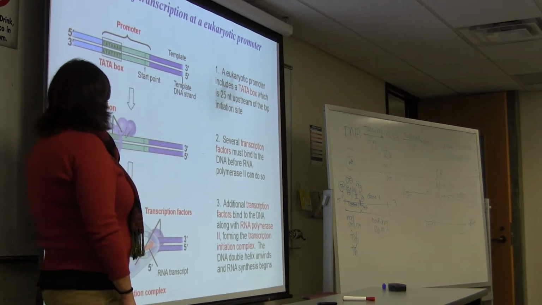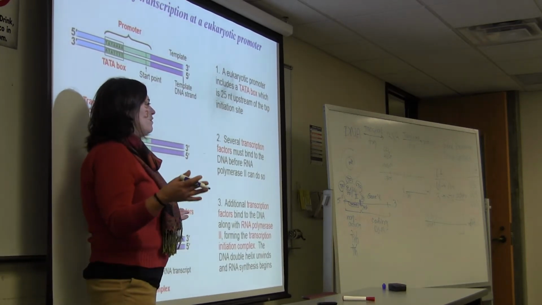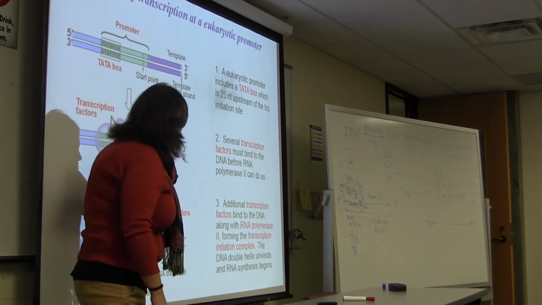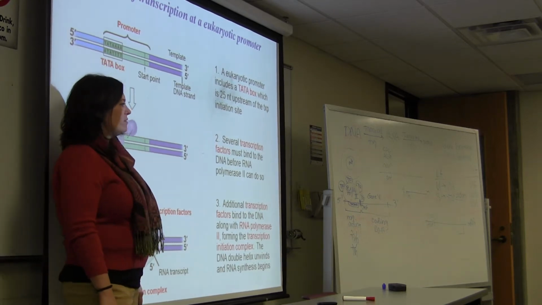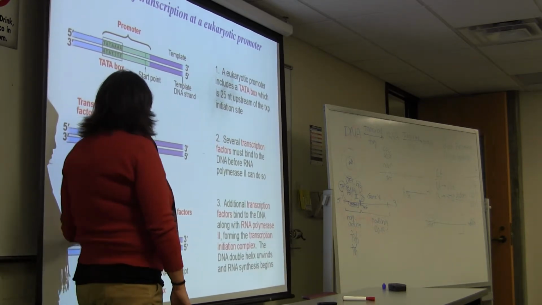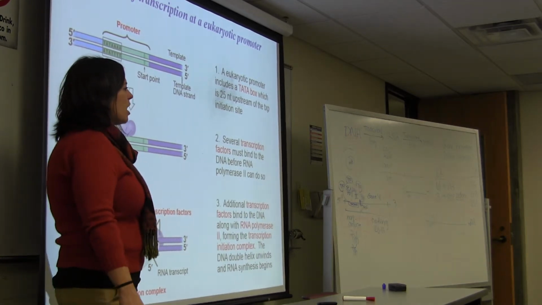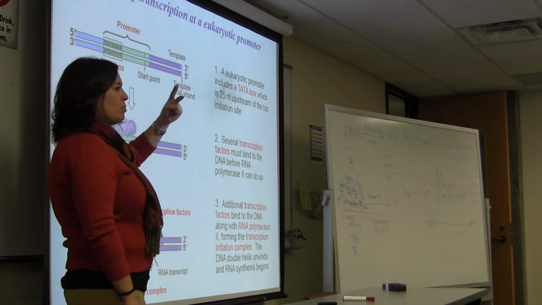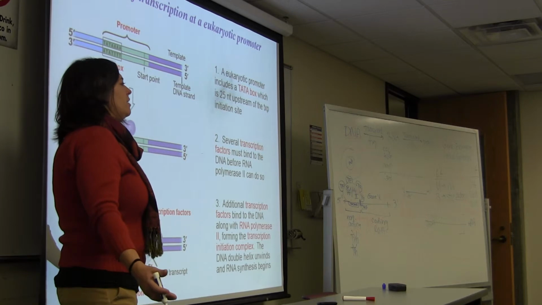And then your RNA polymerase II and other additional transcription factors, if necessary, are going to come and interact with the DNA and with those transcription factors already present. That's going to form the transcription initiation complex. Seems complicated, but really all that's happening, transcription factors and RNA polymerase are binding to the promoter at the TATA box. That's all you got to say.